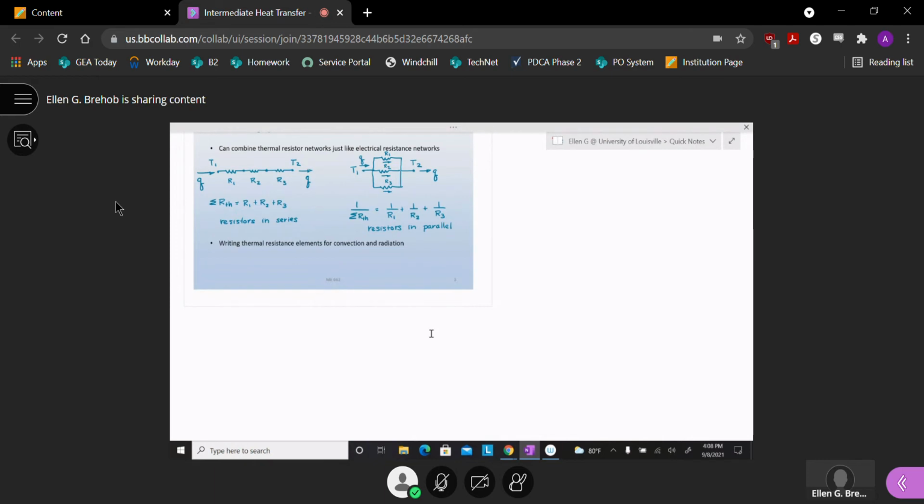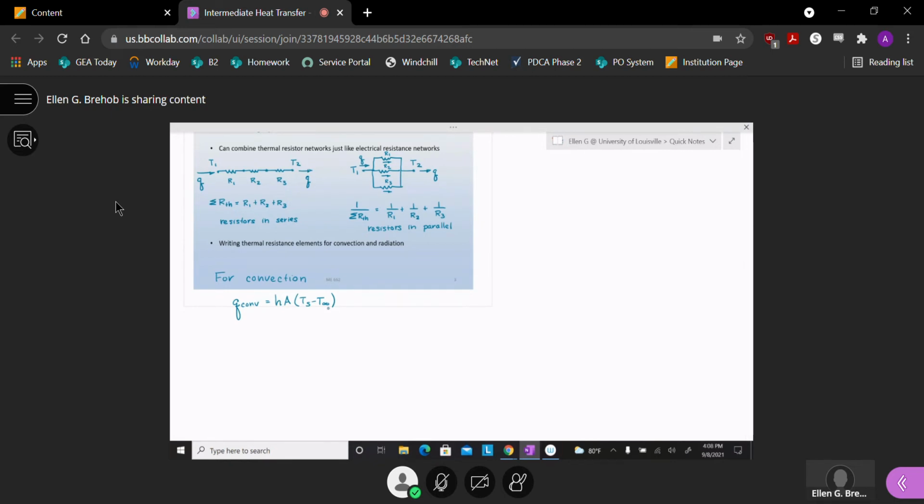Because this thermal resistance idea is kind of powerful, it would be nice to be able to extend it to convection and radiation heat transfer. And again, you guys have seen this before, so maybe I should be going a little bit faster. But for convection, for example, that's Newton's law of cooling.